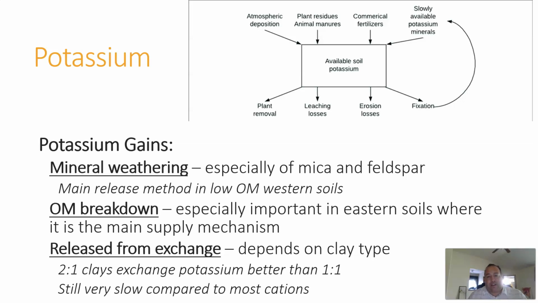In eastern soils, where it's warmer and more moist, that's going to be the main supply mechanism: the breakdown of organic matter, and then also the exchanges that we talked about. It can depend on the clay type, but that's still pretty slow in comparison.